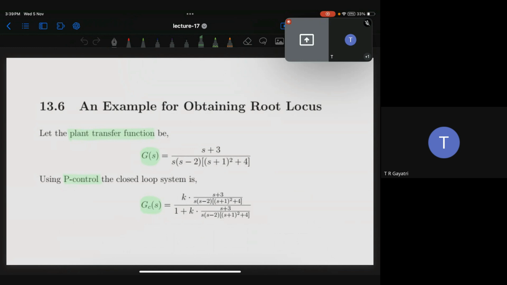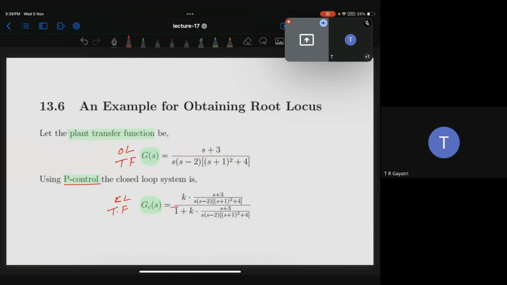First, this is the open loop transfer function. So we are going for the P controller. So this is the closed loop transfer function. Is this clear? Yes, sir.